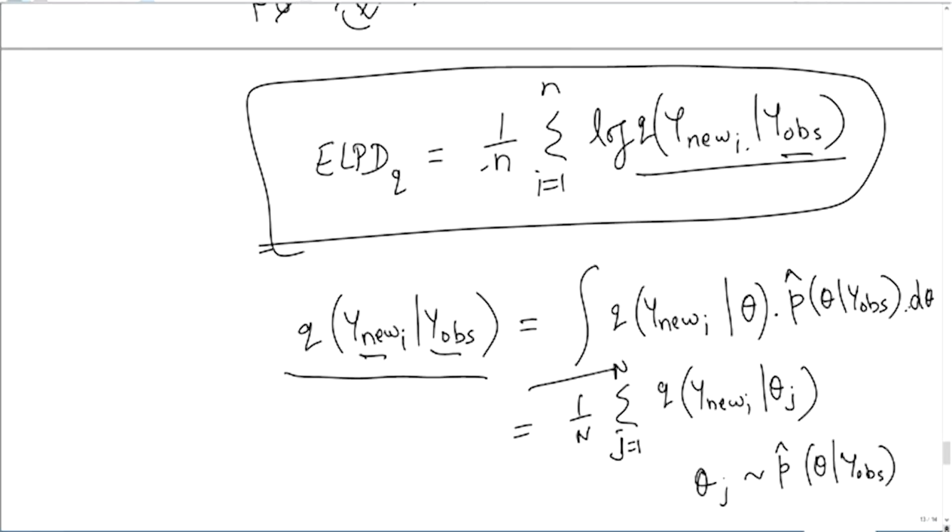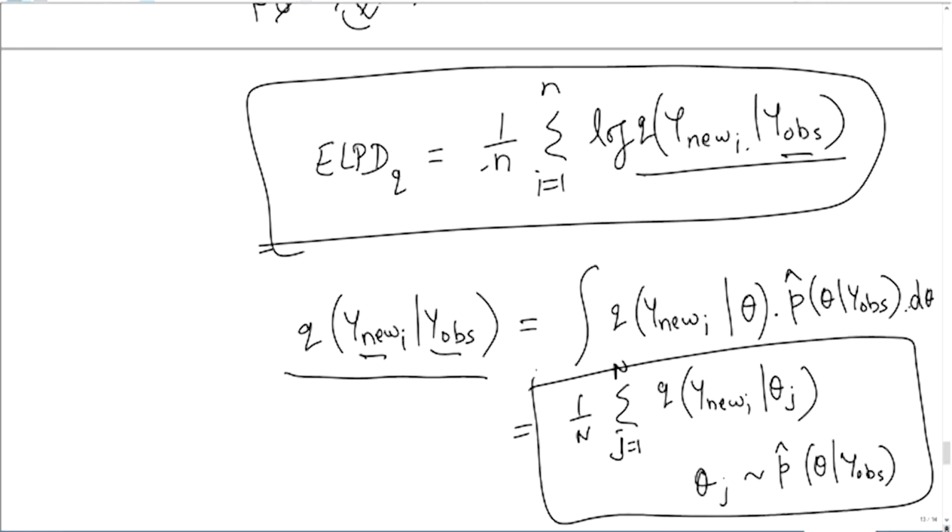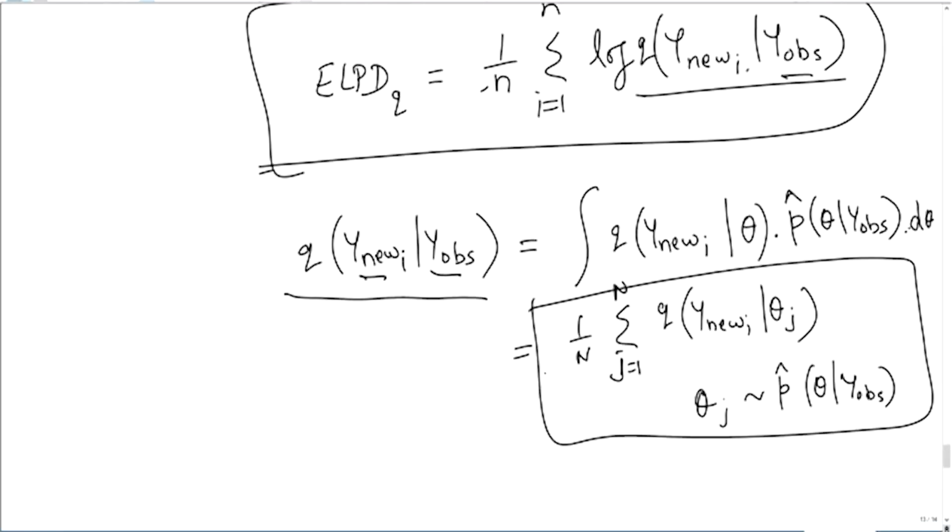So, you can estimate this using basically the expected likelihood, or expected predictive density, of observing this new data point y nu i given samples from the posterior distribution of theta. This is what it means.